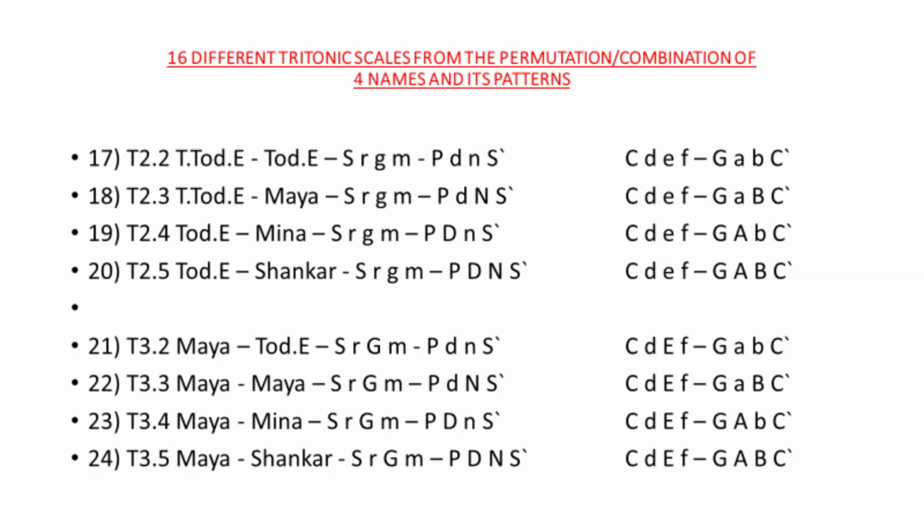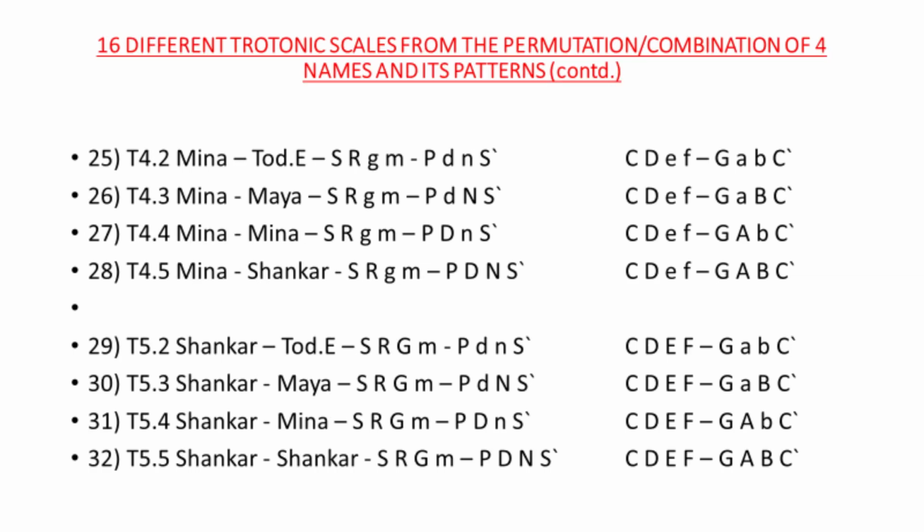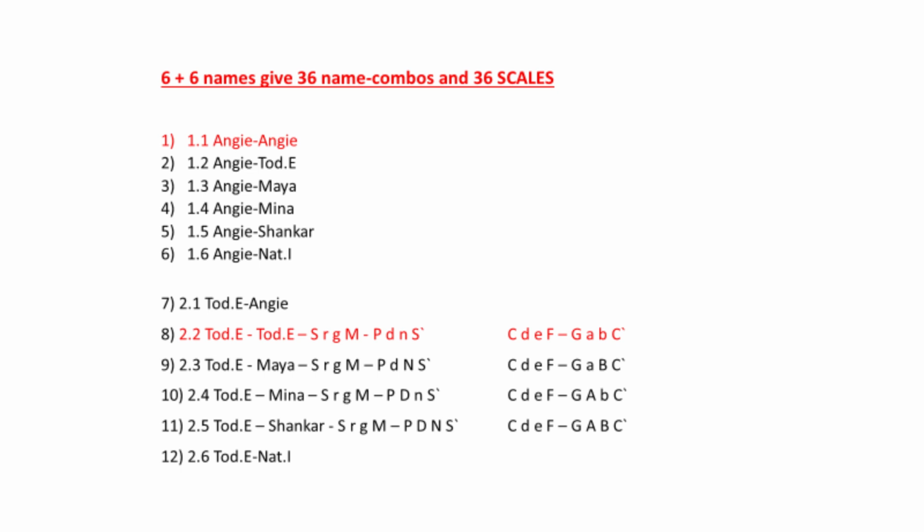But it's the same principle if you do the permutation combination of 1 Angie and 6 Nati, as well as T Angie and T Nati, along with the other 4, 2 Toddy, 3 Maya, 4 Mina, and 5 Shankar, you will get 72 permutation combinations.